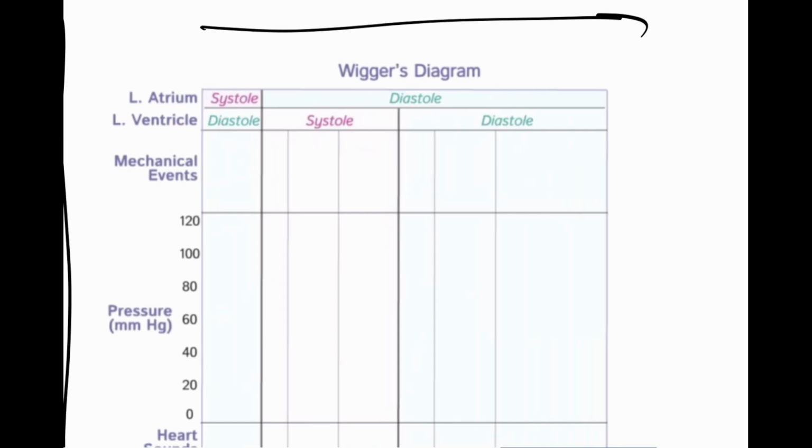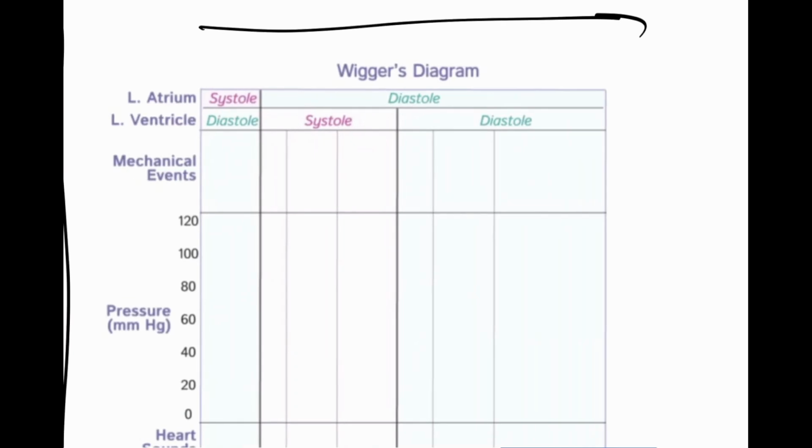So left atrium, what we're going to be doing underneath is anything that's occurring during the systole of the atrium or what's going on in diastole. Or diastole of the ventricle, systole of the ventricle, and then finally diastole. What is going on in each of these phases? So the first thing is the mechanical event. What is going on for the cardiac cycle?